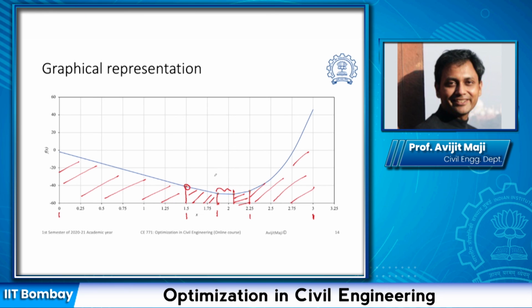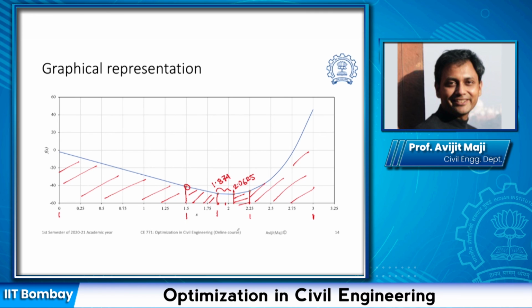Hence we are reporting that my optimum point is going to be between 1.874 and 2.0625, and we reported the optimum solution somewhere at the middle here.